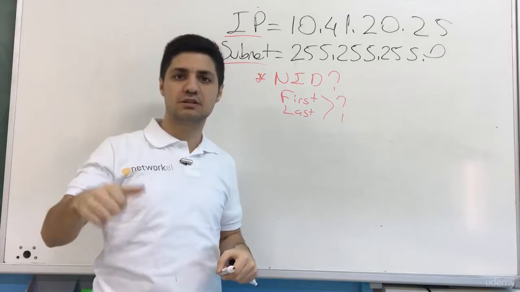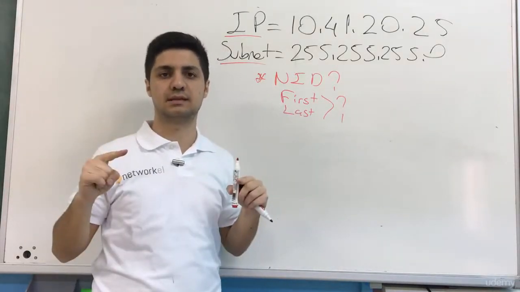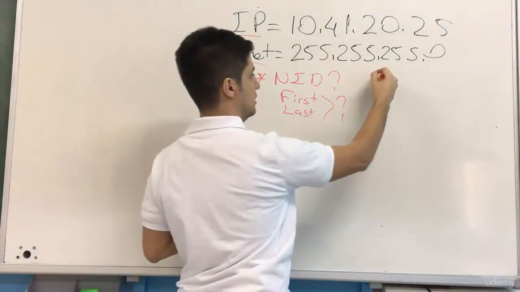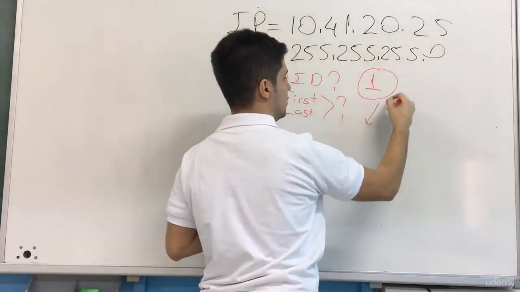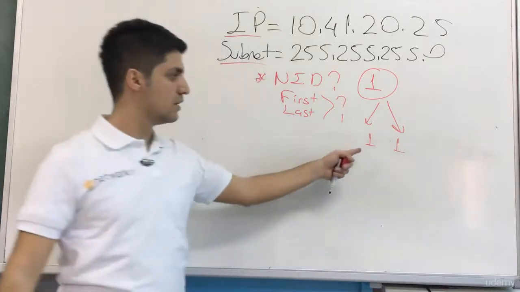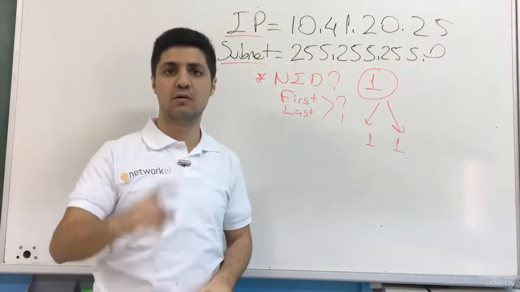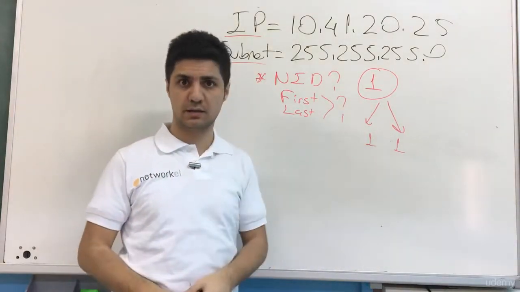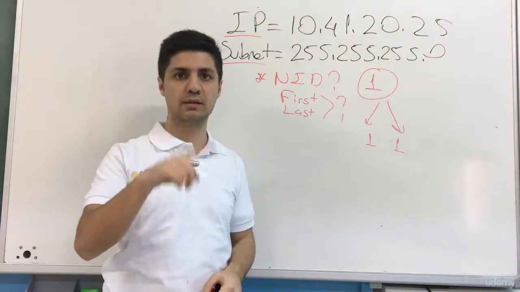As you remember from our slides, logical AND is a process. The result is 1 only for the situation that the two bits are both 1. If we're using both 1 and 1, our logical AND result will be 1.